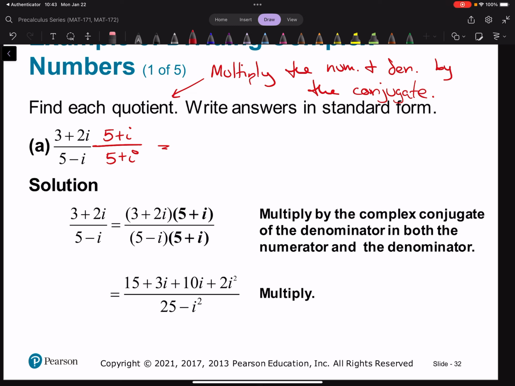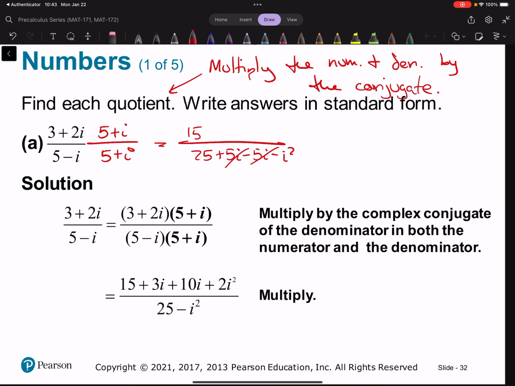Multiply those two together. Let's start with the bottom. I'd get 25 plus 5i minus 5i minus i squared. Those would cancel. In the top, I get 15 plus 3i plus 10i plus 2i squared.